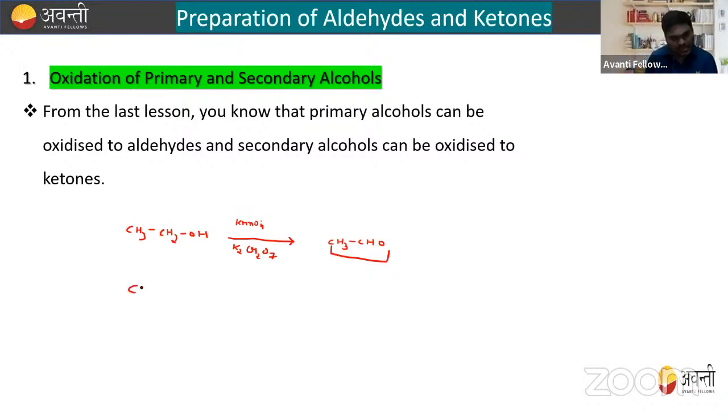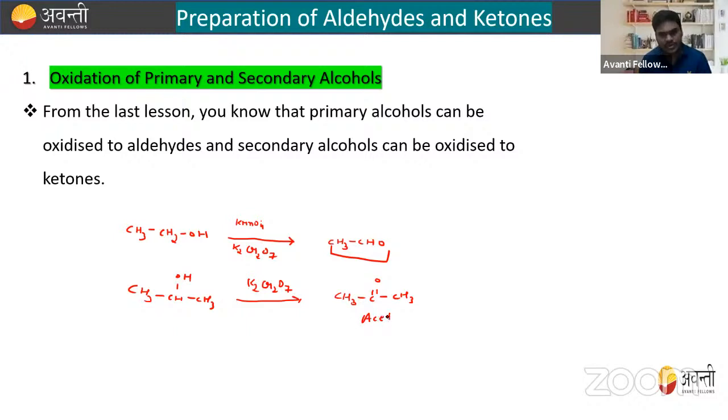Similarly, if you take a secondary alcohol like CH3CHOHCH3, this is nothing but propan-2-ol. This is a secondary alcohol, and when we treat it with K2Cr2O7, it will convert it into CH3COCH3, that is acetone.